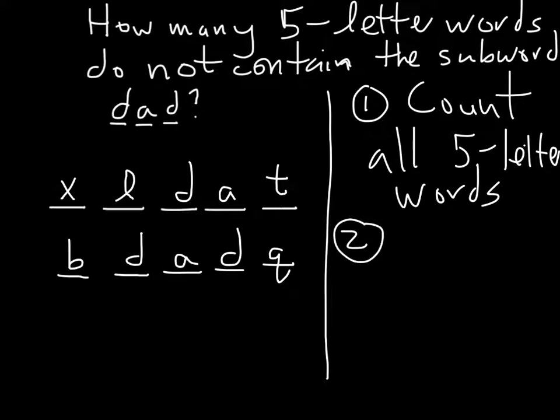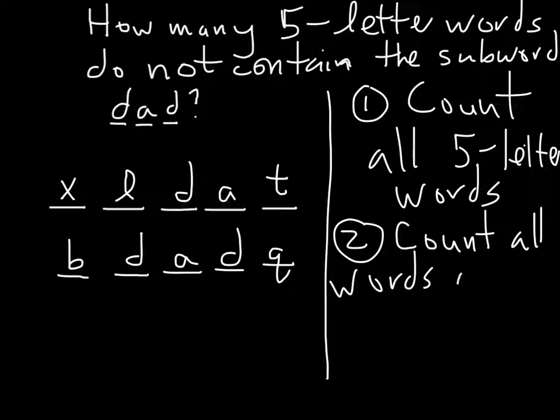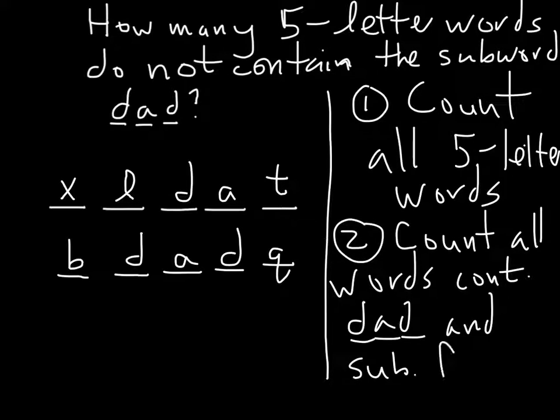The second thing we're going to do is count all words containing DAD and then subtract from our count in the first one. So if we know how many words there are in total, and we know how many contain DAD, then we can just subtract them and we figure out the number of ones that do not contain the subword DAD.